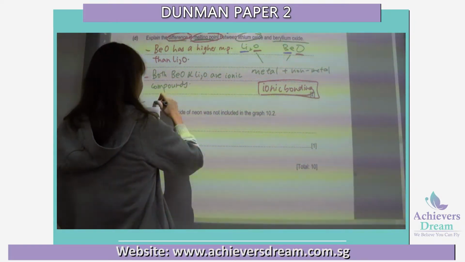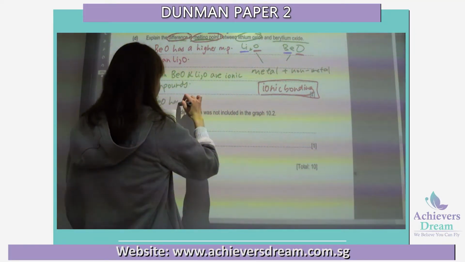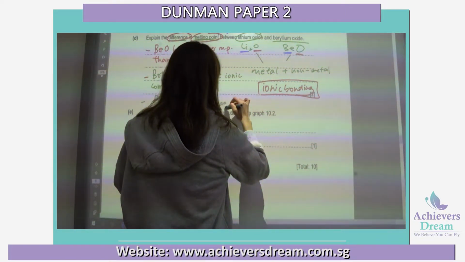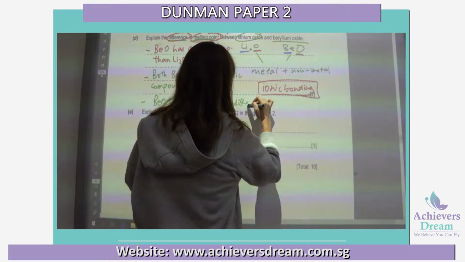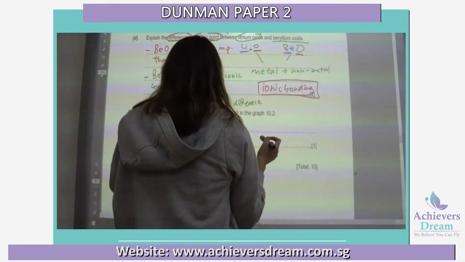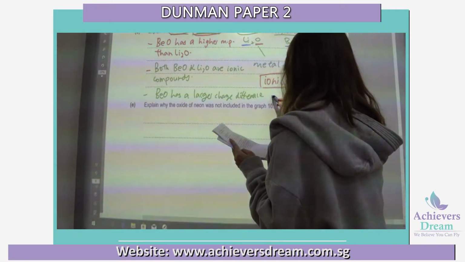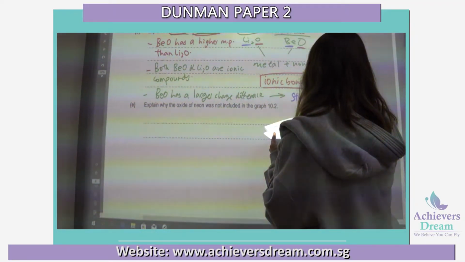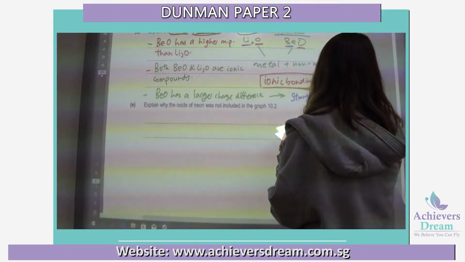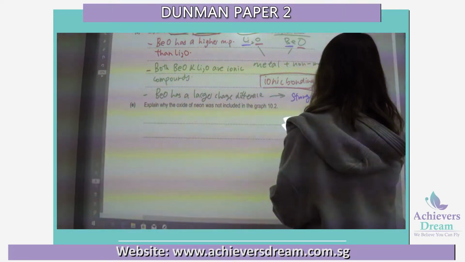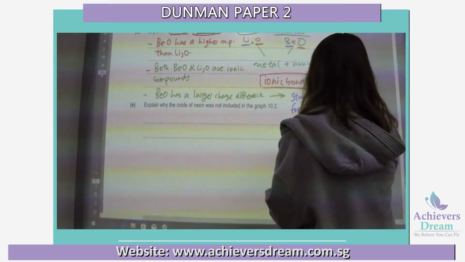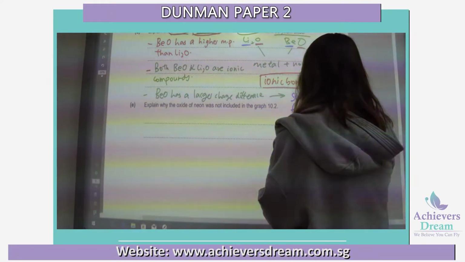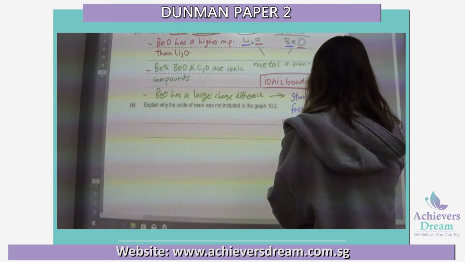Then you say BeO has a larger charge difference. So what does a larger charge difference indicate? It indicates a stronger electrostatic forces of attraction between the oppositely charged ions.